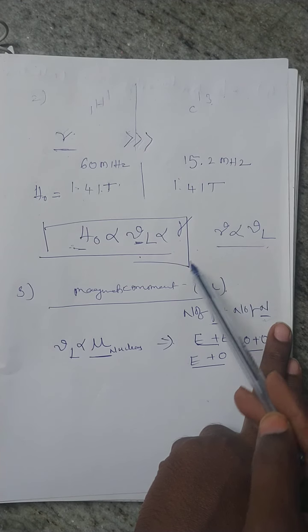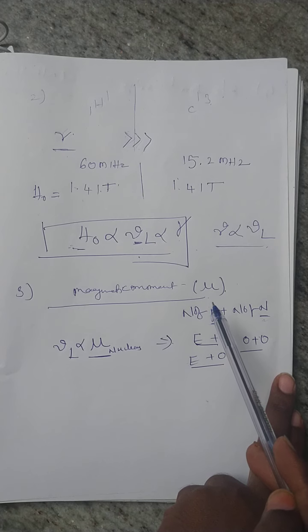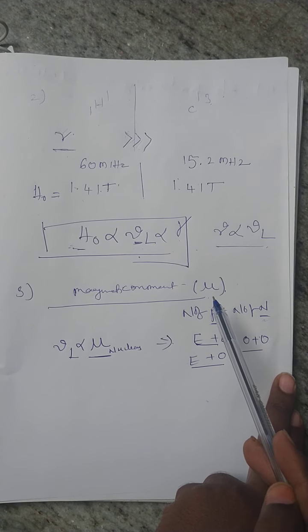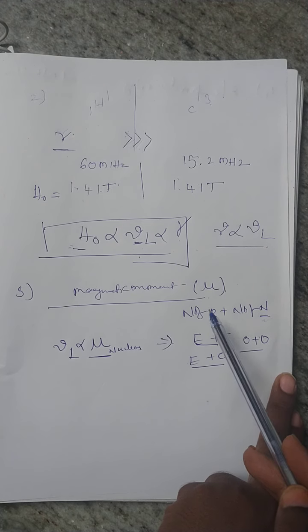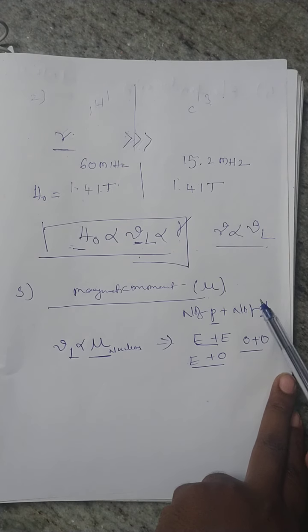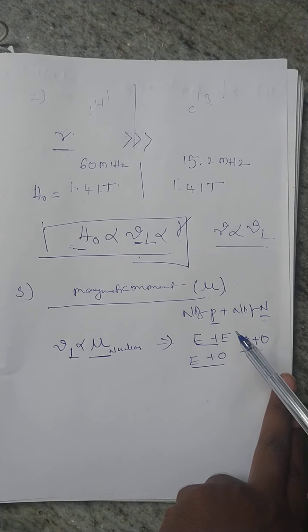And the third one, magnetic moment. Absolutely, the magnetic moment of each nucleus will be different, right? That depends upon the number of protons and the number of neutrons, and the combination, whether they are in even number or odd number, even-even combination, even-odd combination, or odd-odd combination.